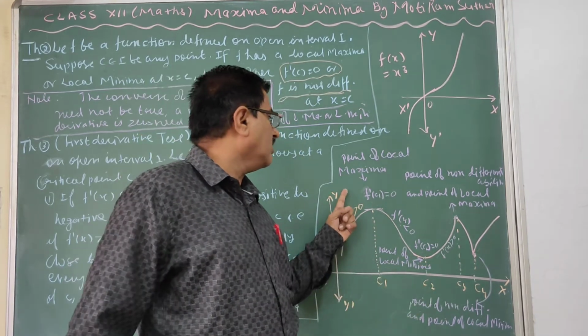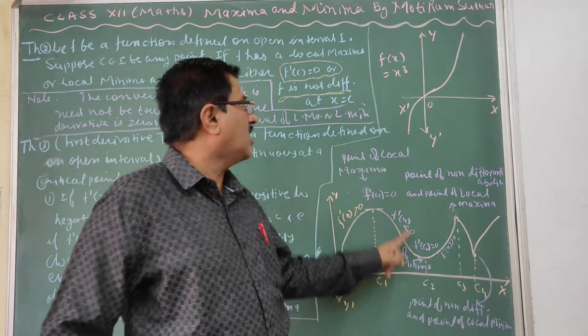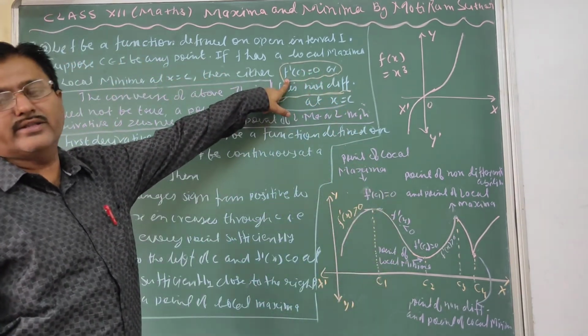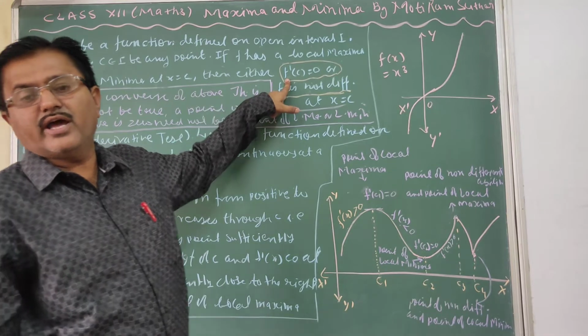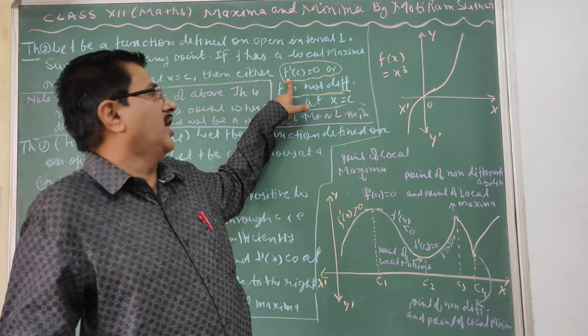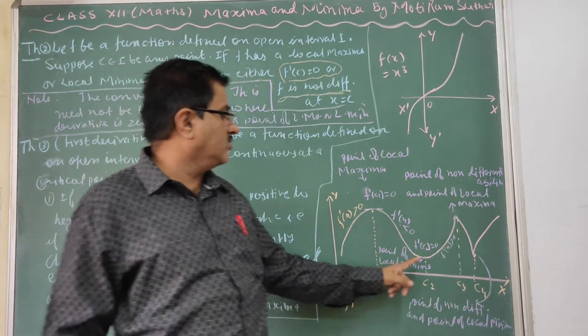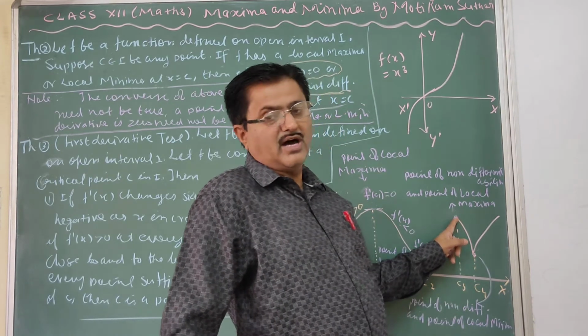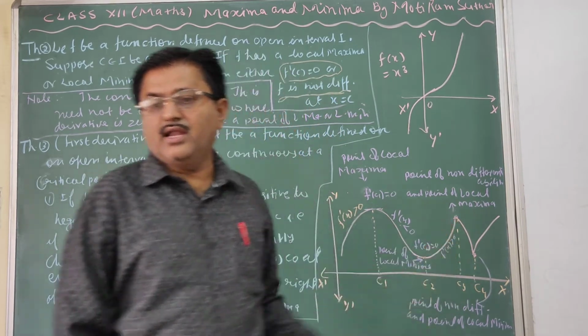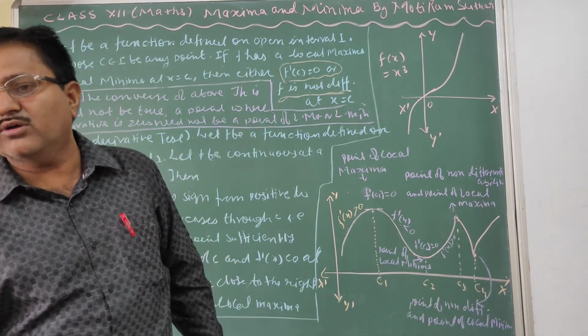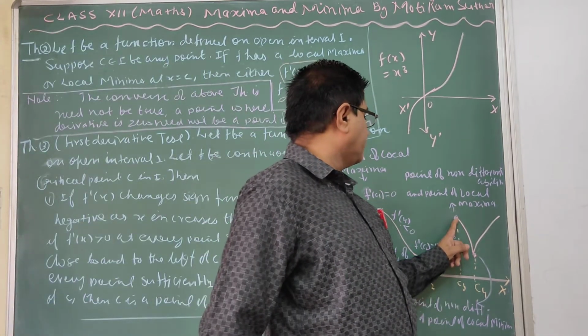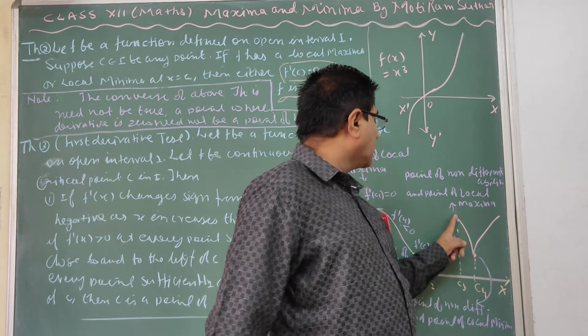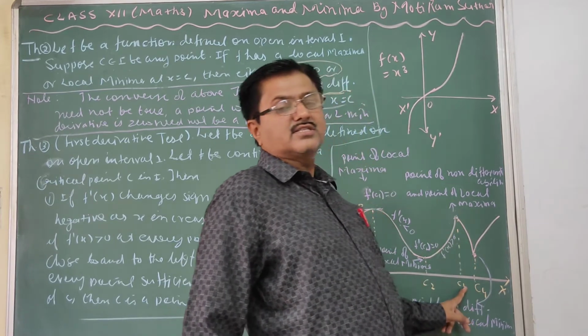So this local minima or local maxima will always occur at a point where the derivative is 0. Now for this function, it is not differentiable because here the left hand derivative is not equal to the right hand derivative at this point. So this function is not differentiable at c3.